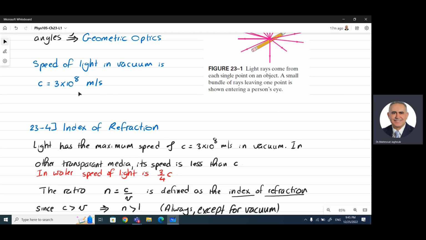This is the huge value of the speed. This is the speed of light in vacuum.